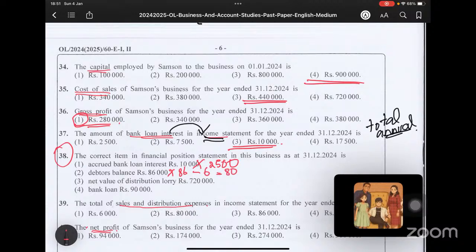Net value of distribution lorry is 720. That is correct. How? 800,000 was the amount of the lorry. We have to deduct the 80,000, which is depreciation.